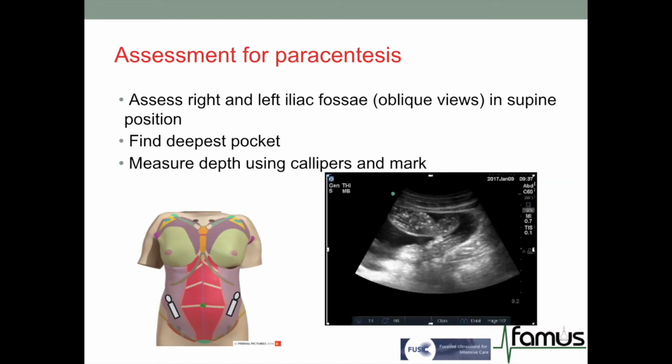Once we have identified the presence of ascites, the following question would be whether or not this fluid can be removed, can be tapped or drained.